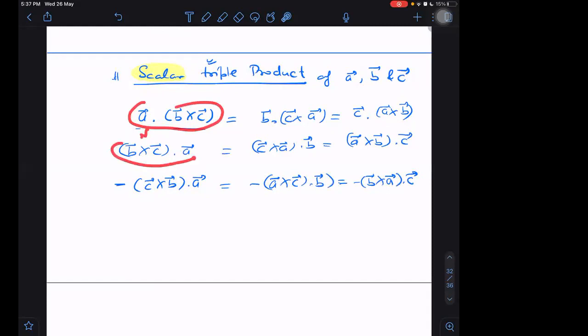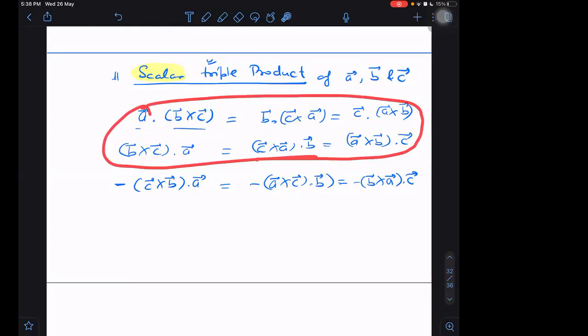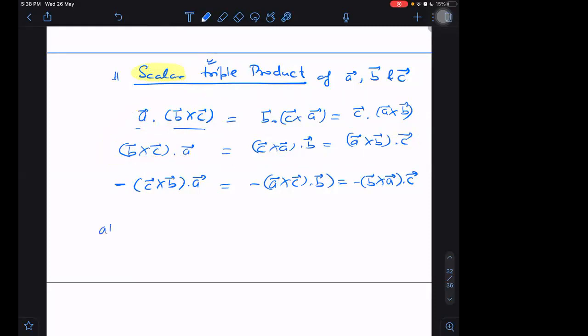If you are still having some confusion, ABC, BCA, CAB are all in cyclic order with respect to each other. After A comes B, after C comes A, then again ABC. If we are going in the forward direction, then positive. If we are going in the backward direction, then negative. I told you this thing before also, right? Again, we can apply it here.